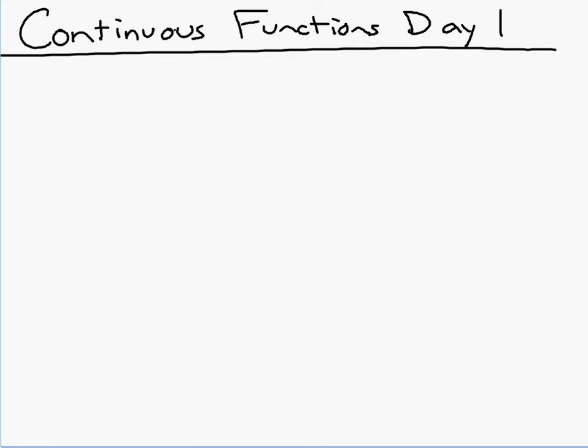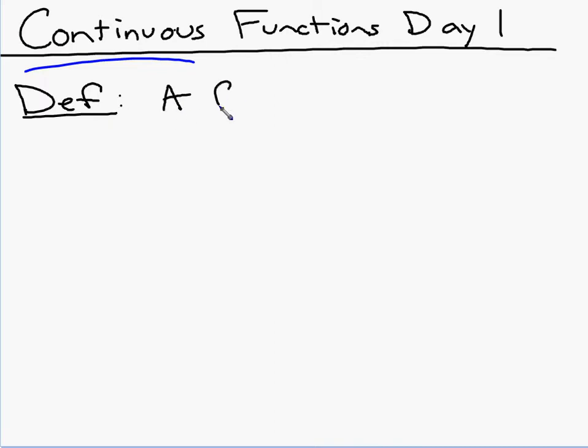Let's start talking about this idea of what it means for a function to be continuous as we talk about limits. And we're going to start off with a definition. All right.